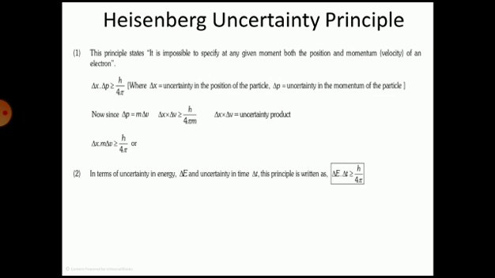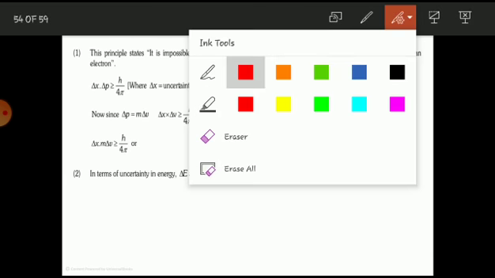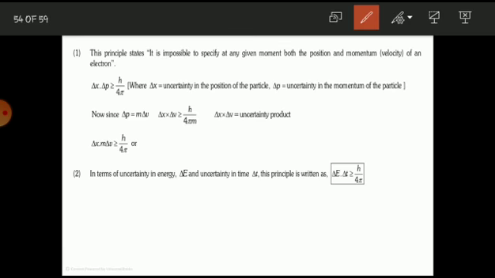The uncertainty principle is certainly one of the most famous and important aspects of quantum mechanics. The Heisenberg uncertainty principle states that it is impossible to specify at a given moment both the position and the momentum of an electron.